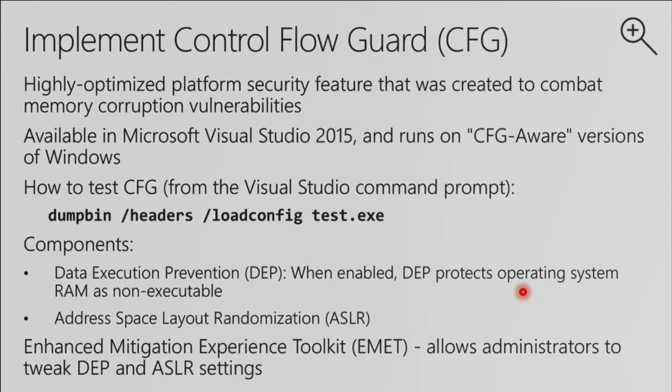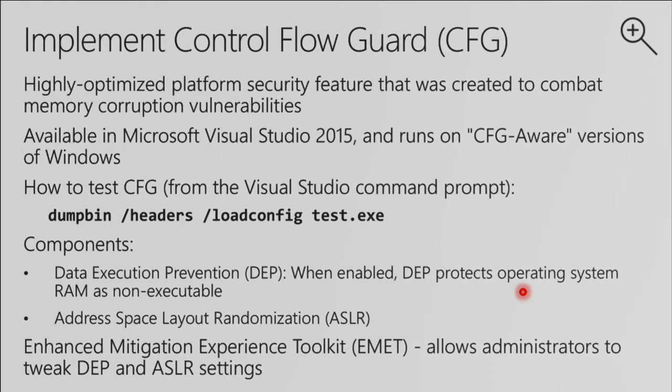But this is new. Control Flow Guard. Well, is it a feature of Windows Server 2016? Not actually. It's just an option to configure by developers in Visual Studio. When they are going to configure the apps to run on CFG-aware versions of Windows, including Windows Server 2016, they should include this option.